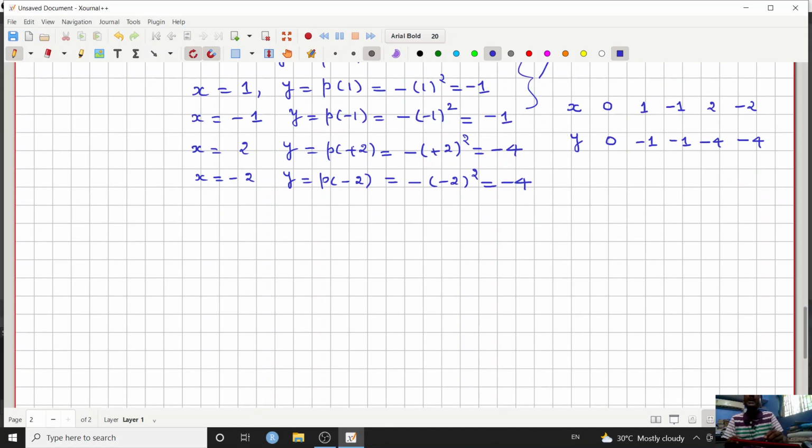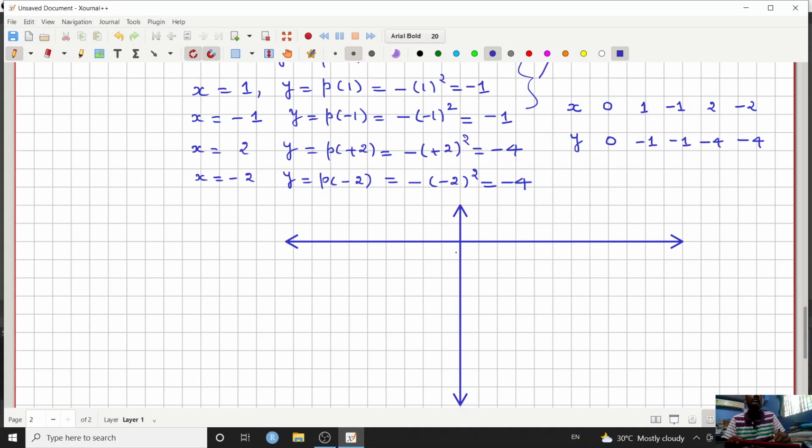Again, let us mark down the x and y axes. The x axis here, the negative x axis there, the y axis here, and the negative y axis here. Now let us mark down the points.